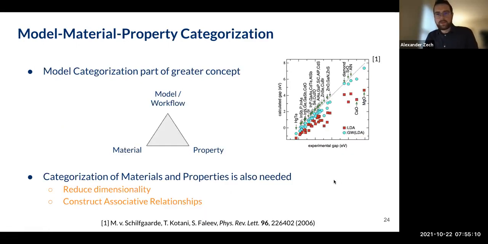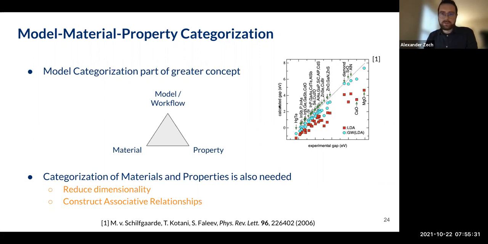All right, then the model categorization is really only one part of a greater concept. If we look, for example, at a model like LDA, we know it's great for some properties, but not for all properties.